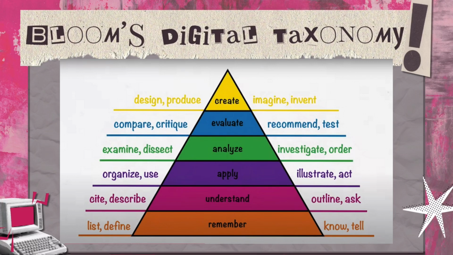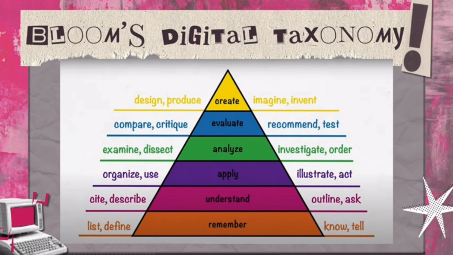In Bloom's taxonomy, each level is accompanied by a description of its significance as well as examples of digital tools that are related to this taxonomy framework. As a taxonomy, Bloom's framework has to be followed in order.